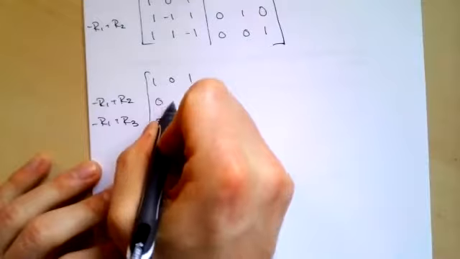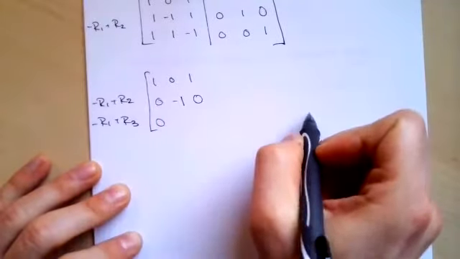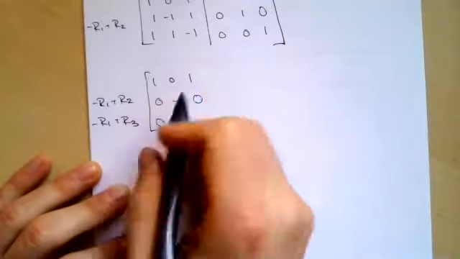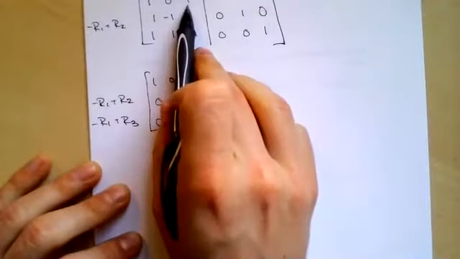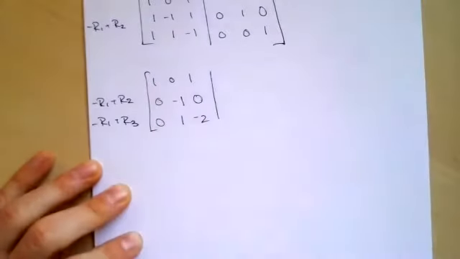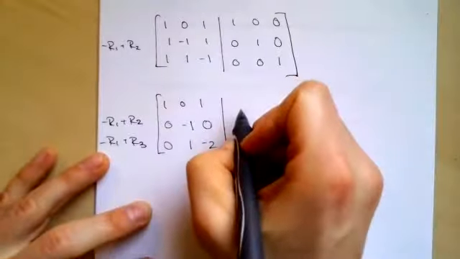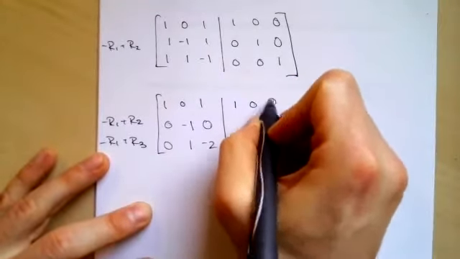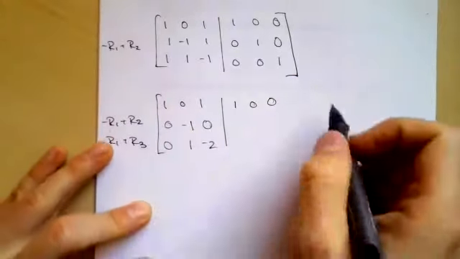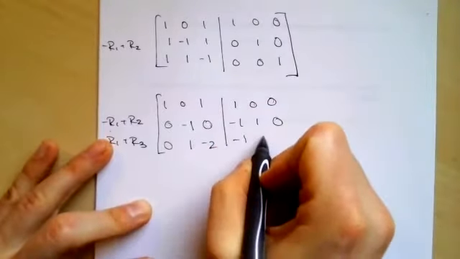So we'll still have a minus 1 here, and then here we will have a 0. We will have a 1 here, and then a minus 2 here. Let's perform those same operations on the identity. So top row is not going to change. Minus row 1 plus row 2, minus 1, 1, 0, and then minus 1, 0, 1.